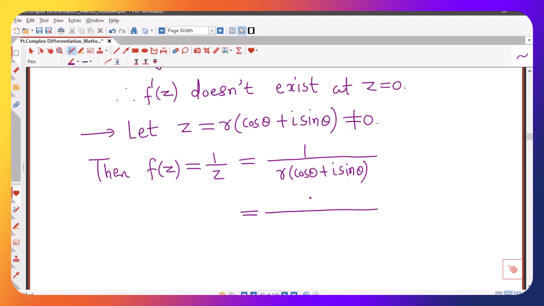In the denominator we have cos theta plus I sin theta, and we are taking its conjugate, so we multiply by cos theta minus I sin theta in the numerator and denominator. Here I will write cos theta plus I sin theta multiplied with cos theta minus I sin theta.